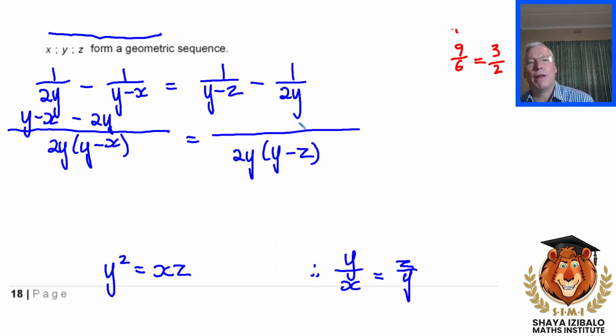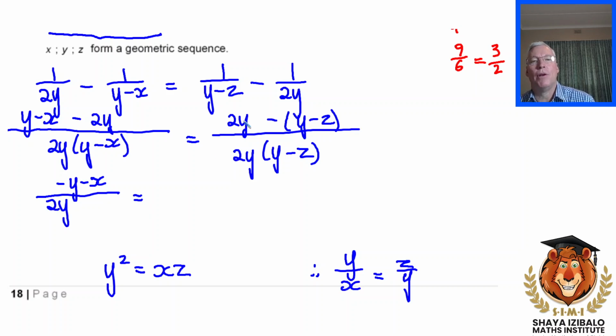This one, we're going to multiply the 1 by 2y, so we've generated an equivalent fraction. And this one, we're going to multiply the negative by y minus z. So just be careful, because there's a bracket that we needed there. This one becomes negative y minus x over 2y. And this one becomes y minus z.